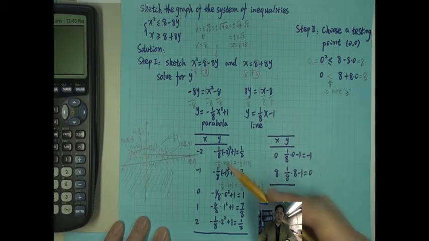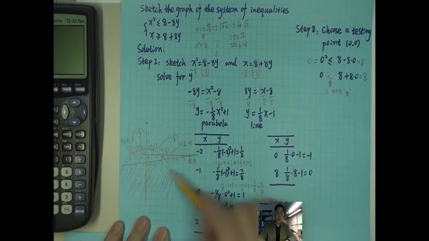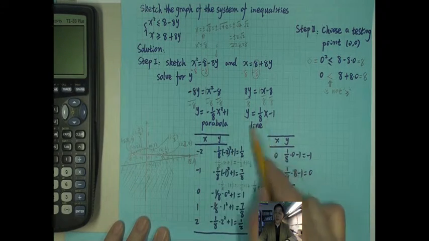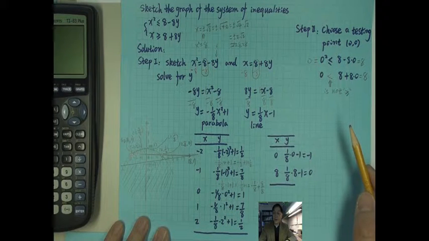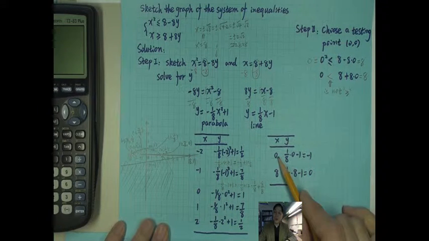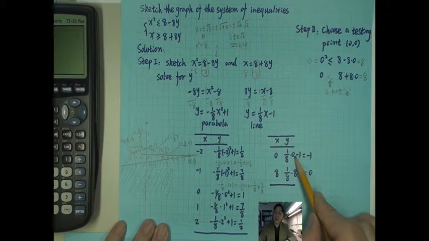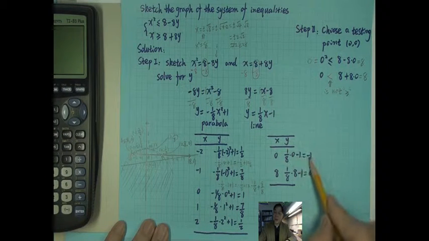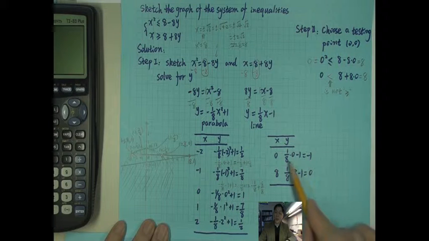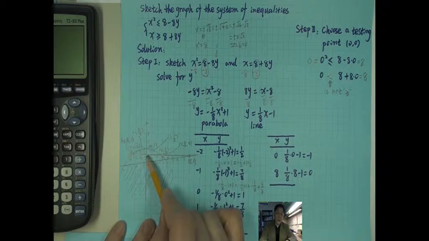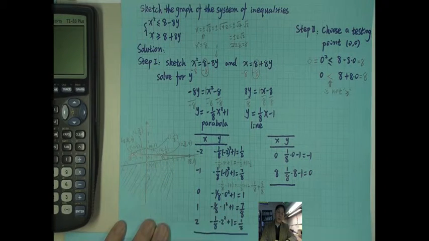Now you know this equation is a parabola. This is the line. That's an easy case. When x is 0, you plug in here: 1/8 times 0 is 0, minus 1 is negative 1. So (0, -1), where is that? X is 0, where is negative 1? So (0, -1) is right here, this point.